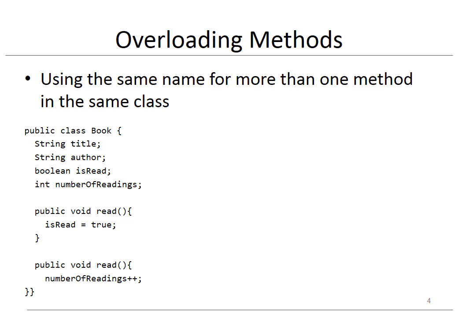What do you think will happen if you run this code? Well, it will generate an error saying that the read method is duplicated. Indeed, you have two methods with the same name, read, and neither has any parameters.